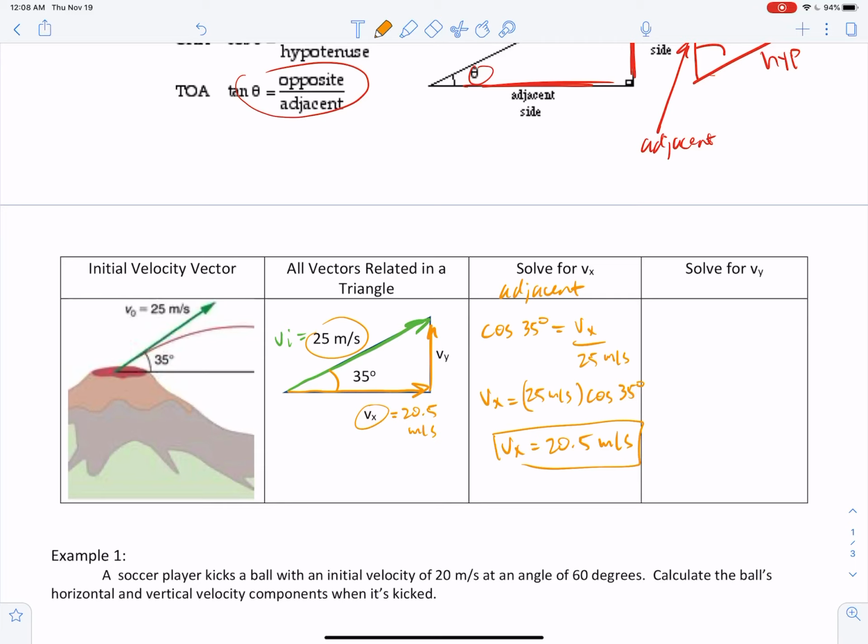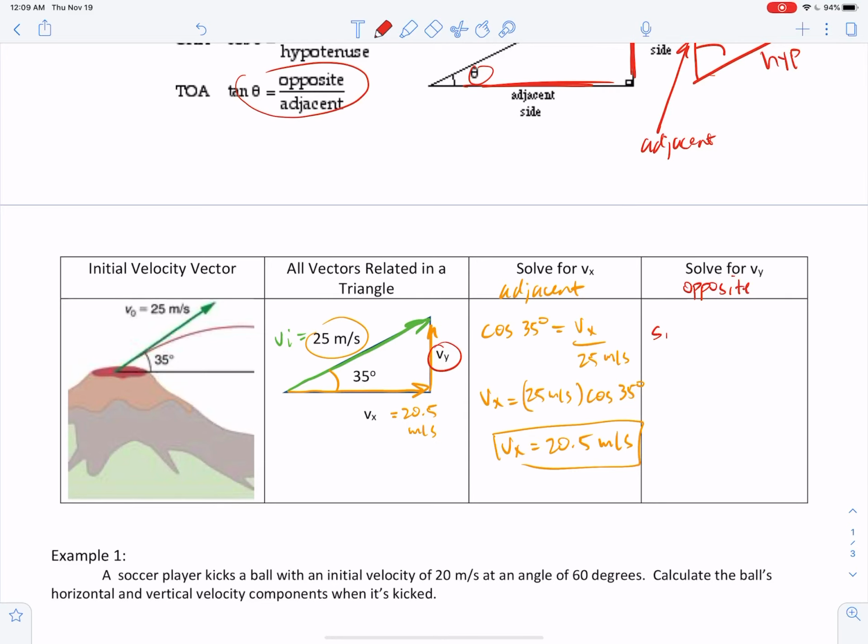Okay, what's the vertical component of that velocity? Well, if I want to solve for Vy now, compared to this 35 degrees, this is now the opposite leg. And I'm going to compare that to what I know here, which is the hypotenuse. So what relates opposite and hypotenuse? That's sine. So Vy is now the opposite leg.